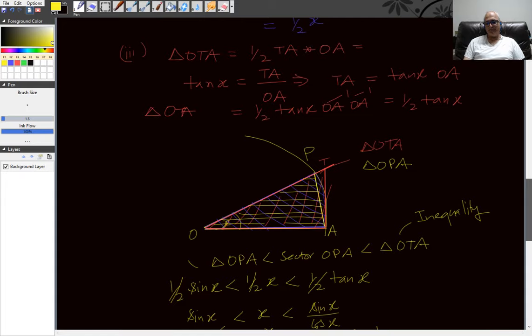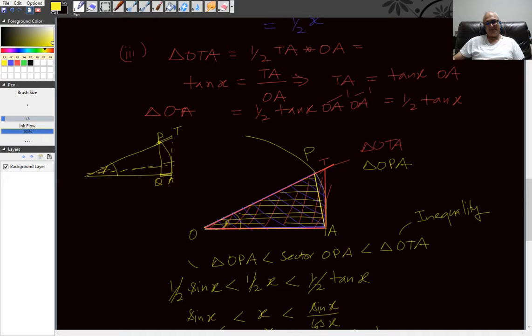Now intuitively you see here that as the edge x becomes closer and closer to 0, these two points will merge.